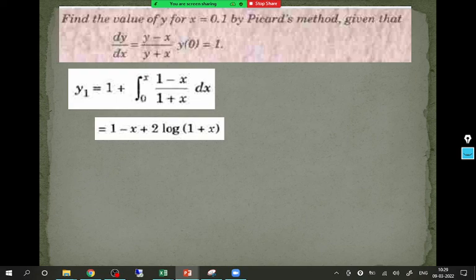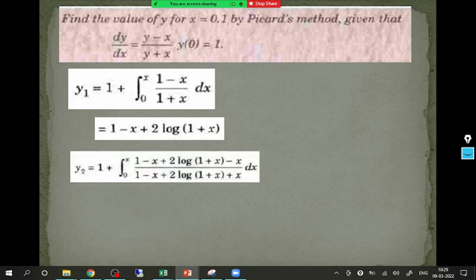But now think about y2. By the formula, y2 is equal to y0 plus the integral from x0 to x of f(x, y1), so it will be y1 minus x upon y1 plus x. Now, can you integrate this? You may integrate, but it is very difficult to evaluate.